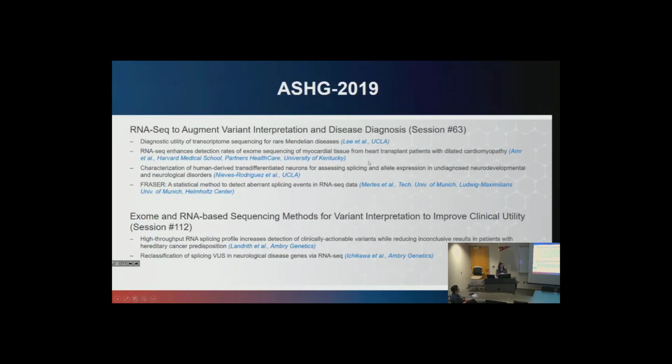So what they shared was that whole genome sequencing was sufficient for diagnosis of 31 patients, but integration of RNA-seq with whole genome sequencing helped diagnose 7 additional patients.